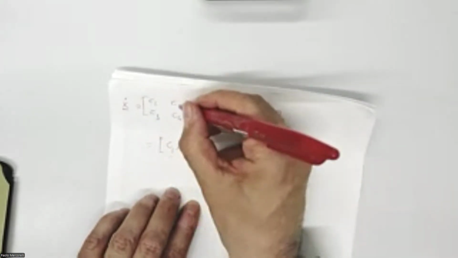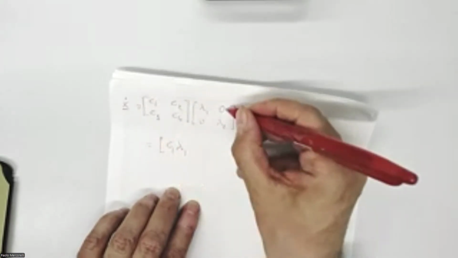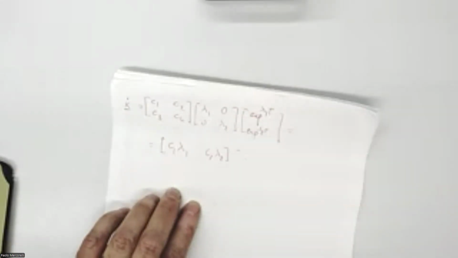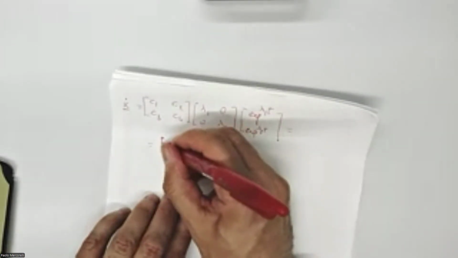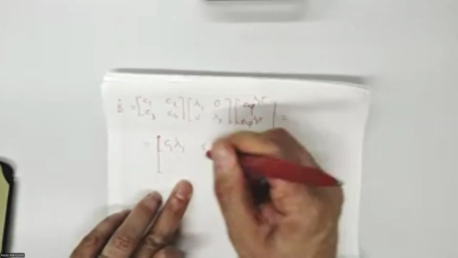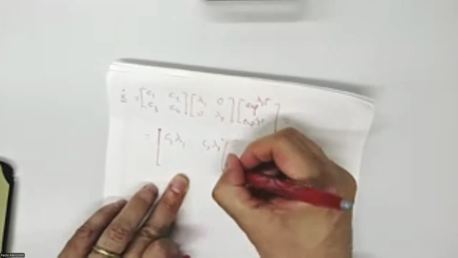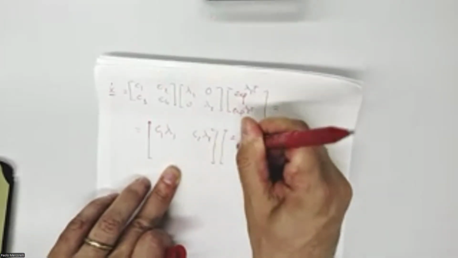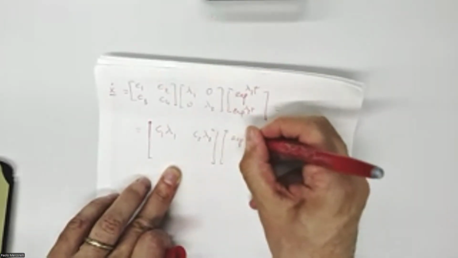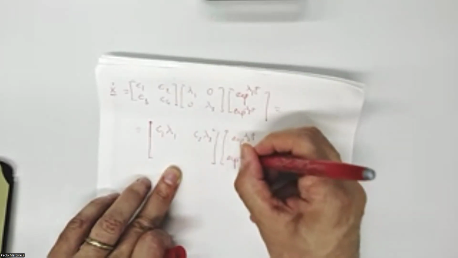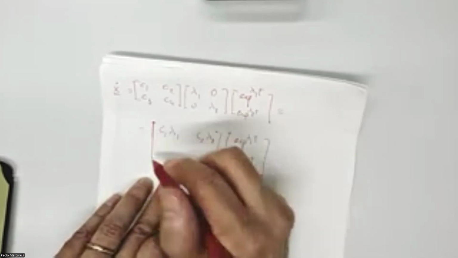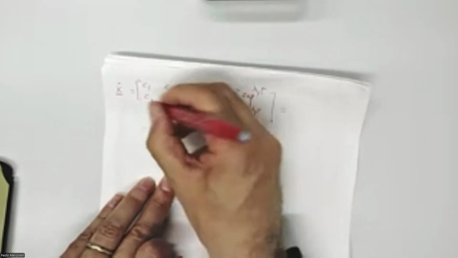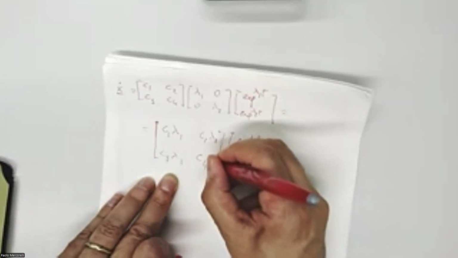And here we have row multiply column. And here, again, row multiply column. And this is clear.